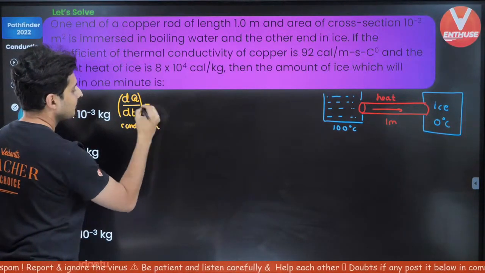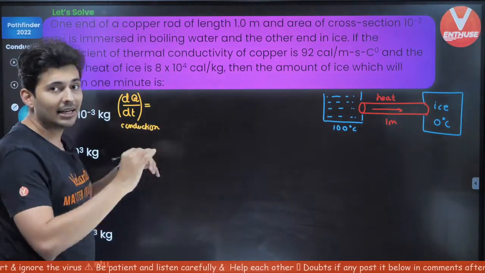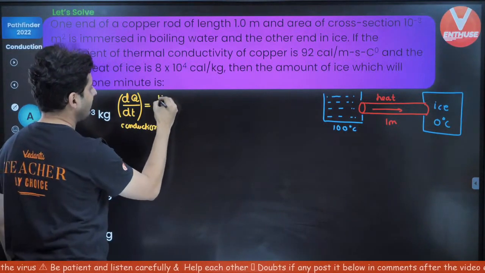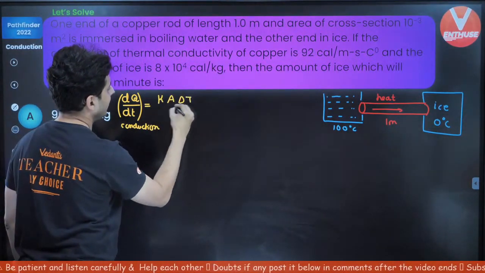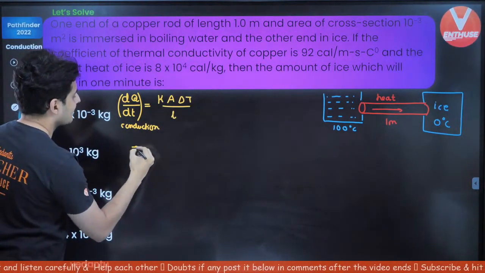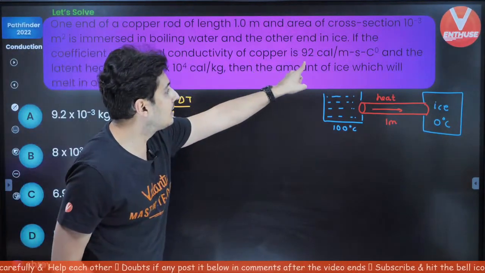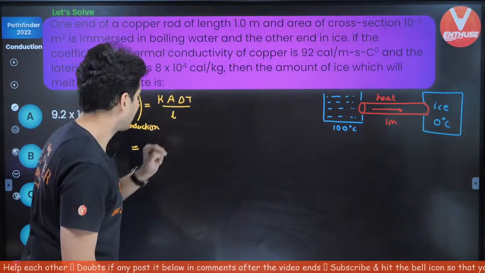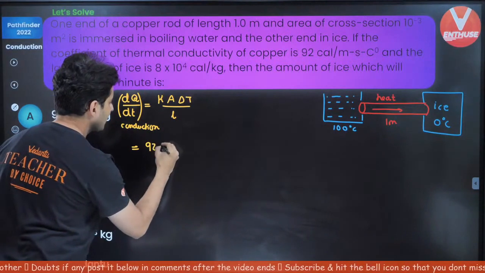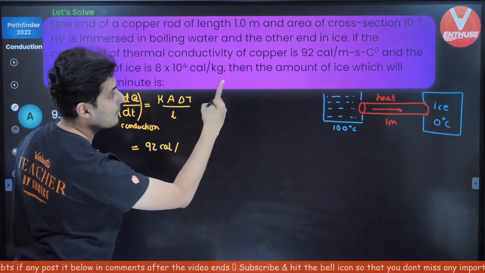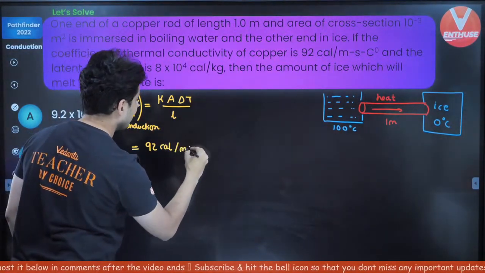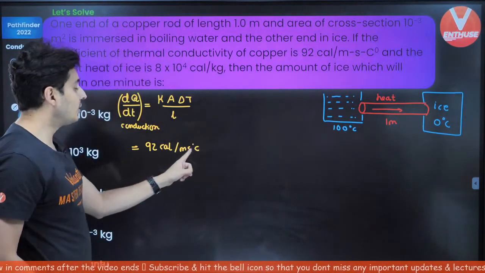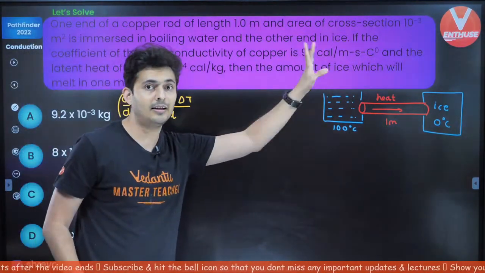So think about it. dq by dt is Ka delta T by L. So let's just write down the formula first. What is K? Interesting unit, 92 calories per meter second degree centigrade. This is not millisecond, it is meter second degree centigrade.